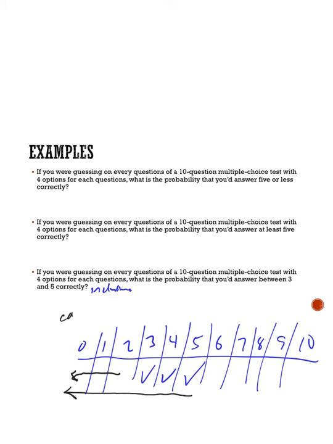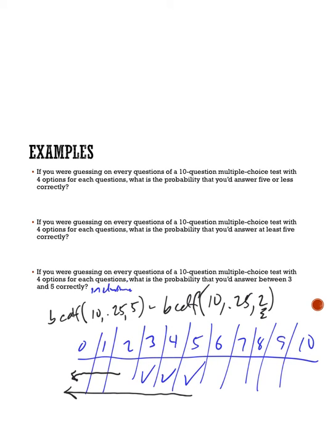So it'd be a binomial CDF of 10, 0.25, 5 minus a binomial CDF of 10, 0.25, and 2. Now this 2 is the key.